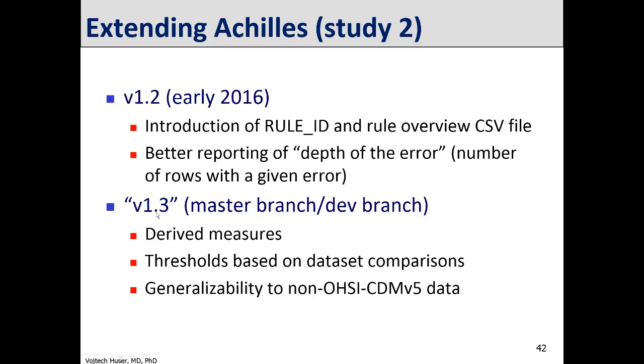And in that new version, we introduced the concept of derived measures. If there is something already pre-computed and we need a different view of that problem, for example, there may be stratification of death by year and death type. If we just need to see how many death types, whether we see any death in hospitals or death received through Social Security index or through the local health department, that would be a derived measure.